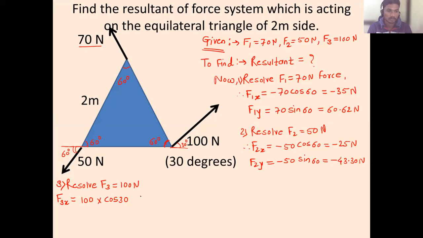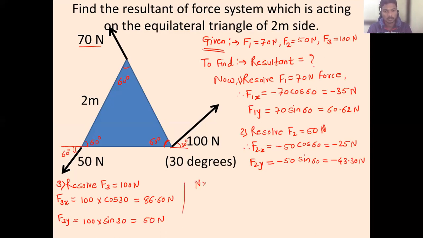How much is it? 86.60 Newton. Then F3y is equal to 100 into sin 30, equal to 50 Newton.